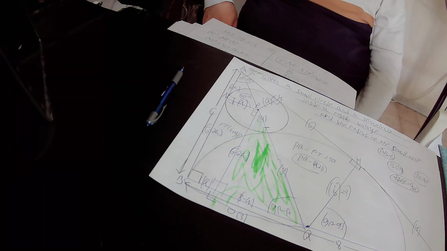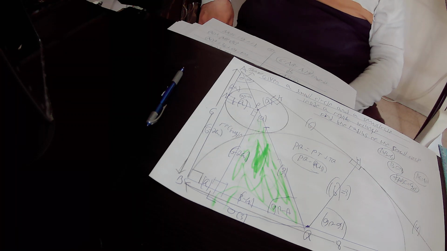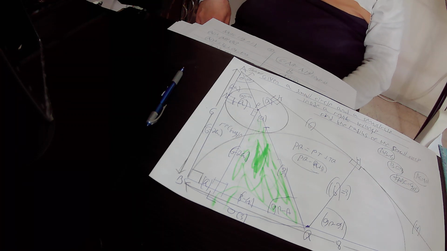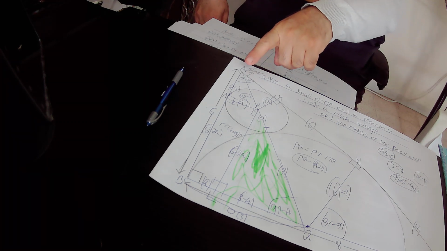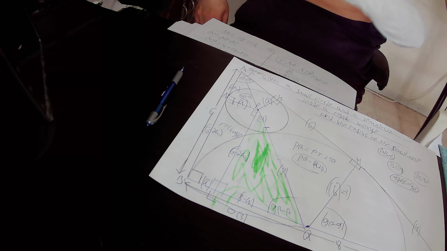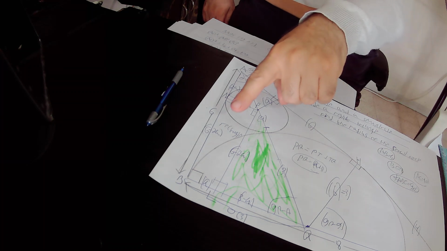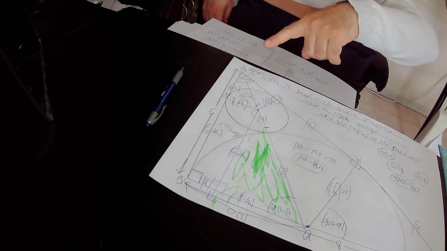So here we can apply rule 2. According to rule 2, the lengths of two tangents from a common external point to a circle are equal. If you focus on this common external point, point A, from this point A we have two tangents to the big semicircle, tangent AB and tangent AH.